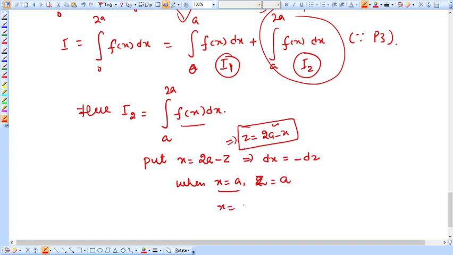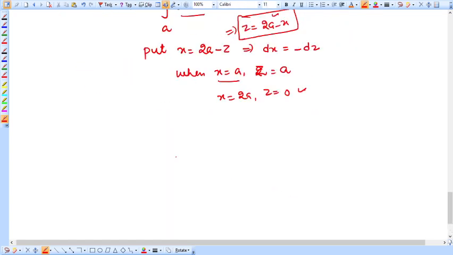And when x is equal to 2a, your z would be equal to 2a minus 2a, which is equal to 0. So therefore I2 becomes integration, we will write the limits of z now, from a to 0, and inside you will be having f of, what is x equal to?